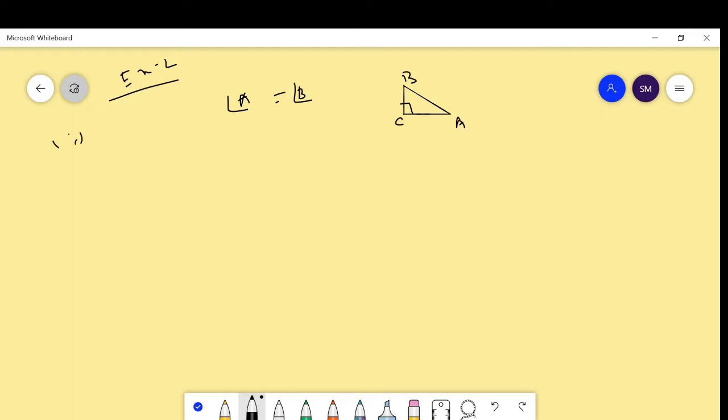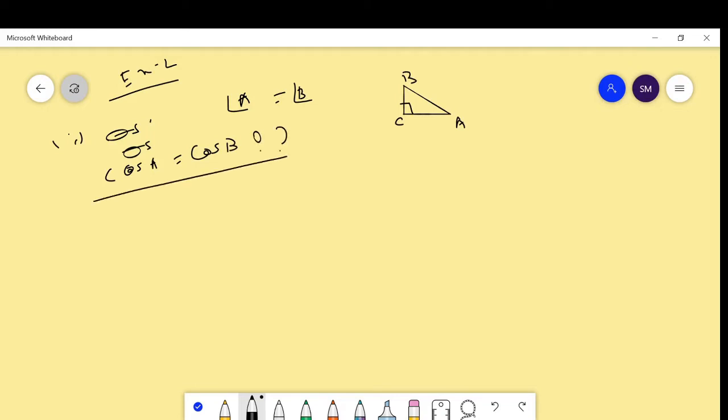Then here, if cos A is equal to cos B, we have to prove that cos A is equal to cos B. Either this is true or not.